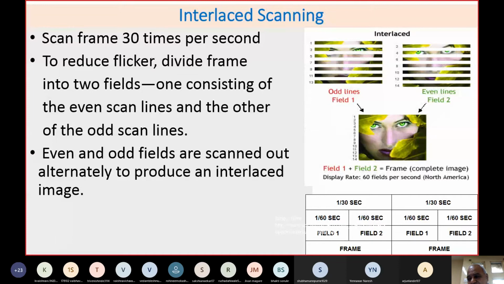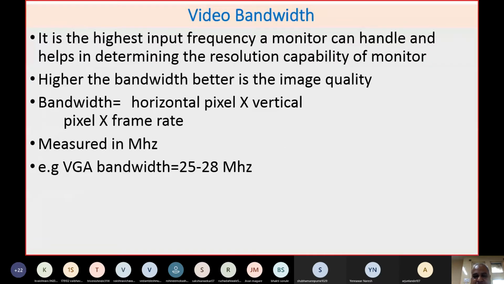Because of using odd and even fields with interlace scanning, you'll find there will be less flicker. Flicker is an annoying effect to your eye. If this flicker is reduced, then I will have a pleasant vision, and that is why we go for interlace scanning.